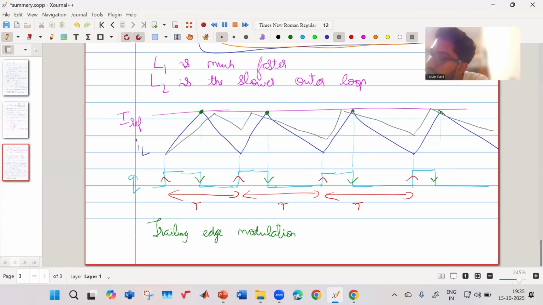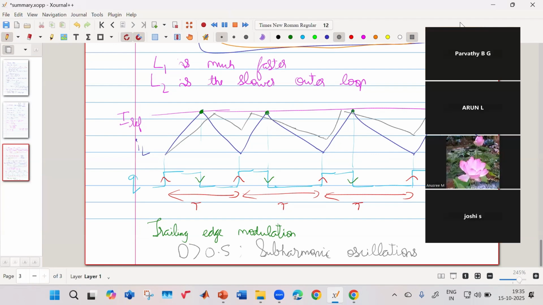It has what is known as subharmonic oscillations. So when your duty is greater than 0.5, you have subharmonic oscillations. So to overcome these subharmonic oscillations, what should we do?